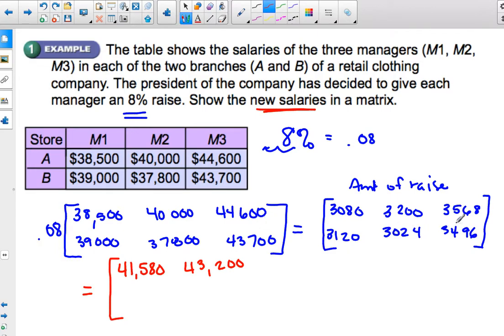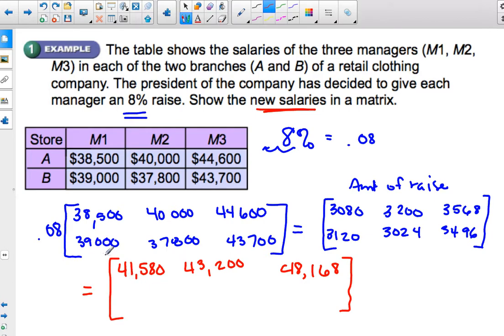44,600 plus 3,568 is going to give us 48,168. Okay.